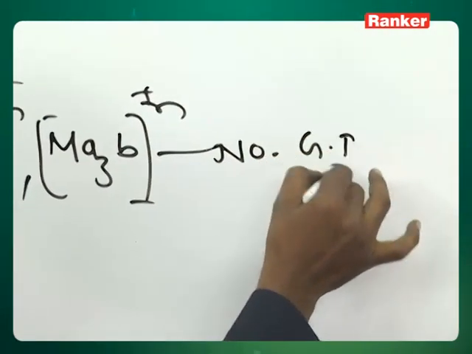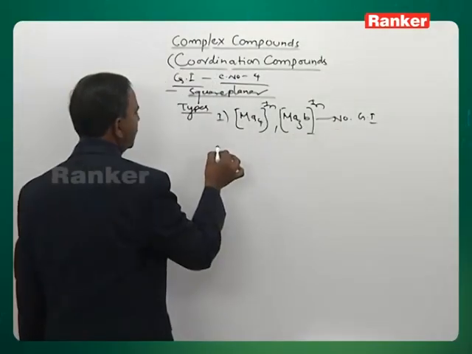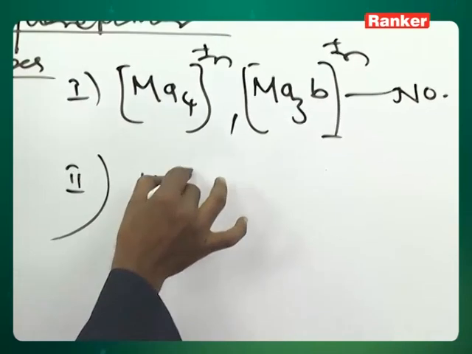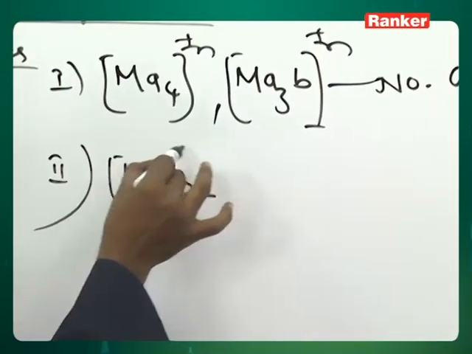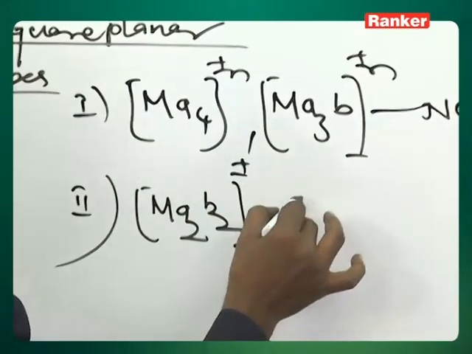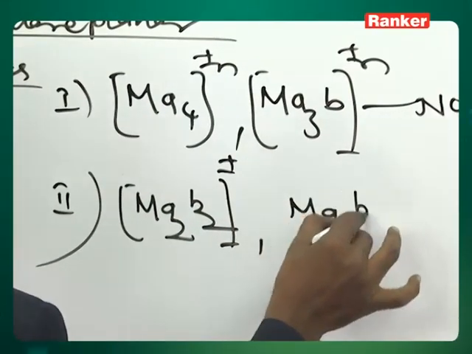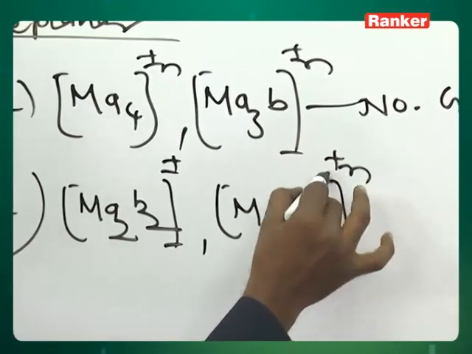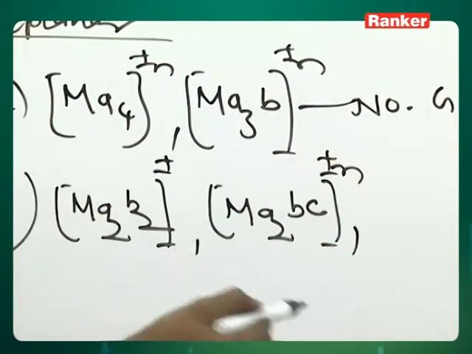Coming to the second type, consider MA2B2. See, at least two ligands are different from the other two. Next, you take MA2BC. Next, you take MABCD.